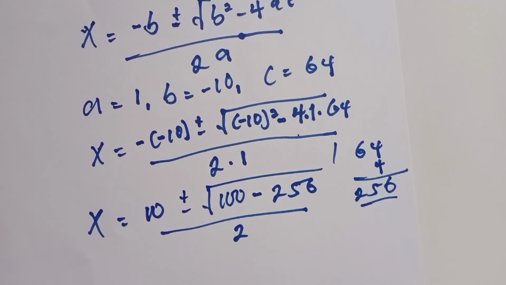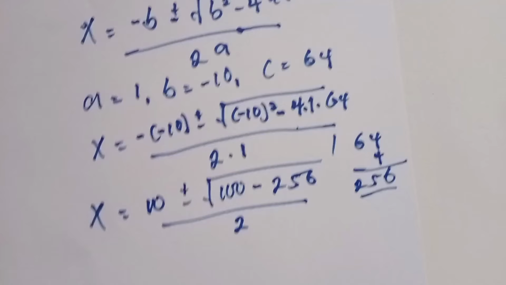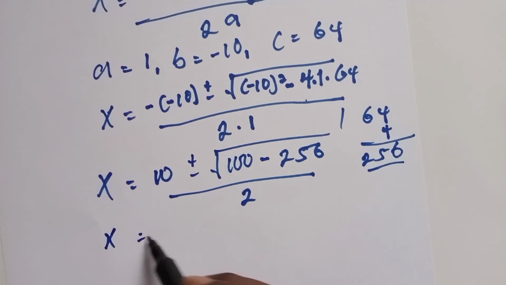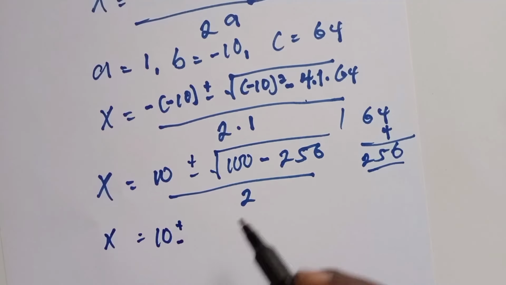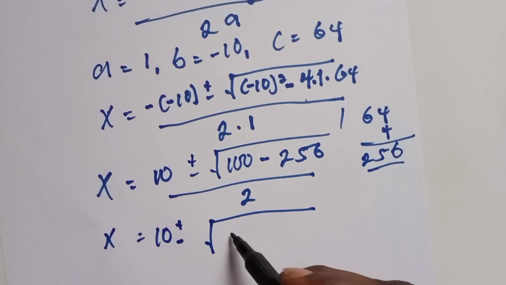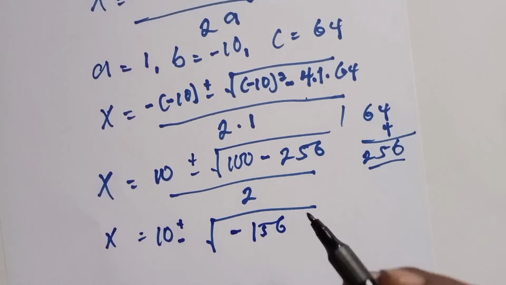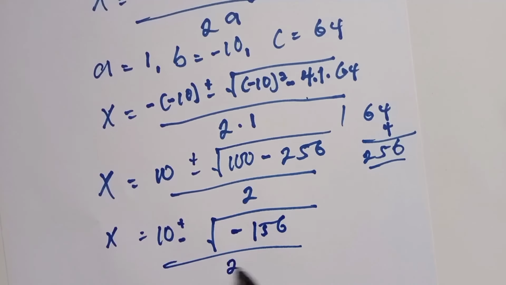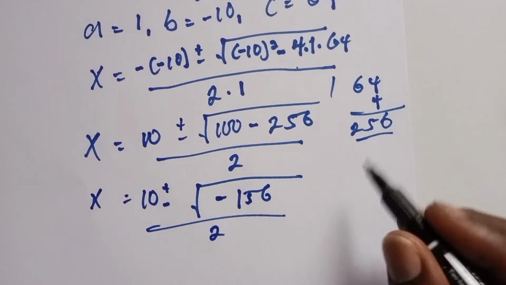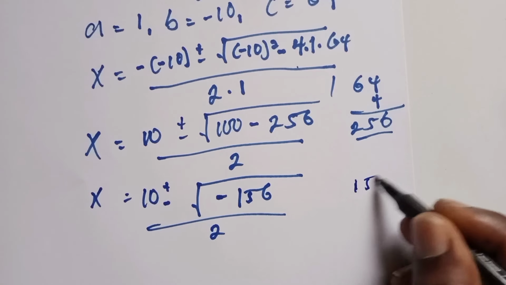Alright, so from this point, we have that x is equal to 10 plus or minus root 100 minus 256, which is minus 156, over 2. Right, so from here we have to split this.